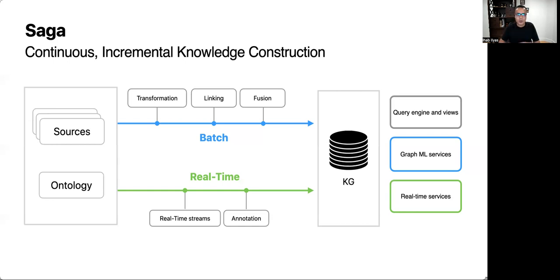And obviously opening an endpoint in which you can query the graph in real time for the large number of queries that we get daily.